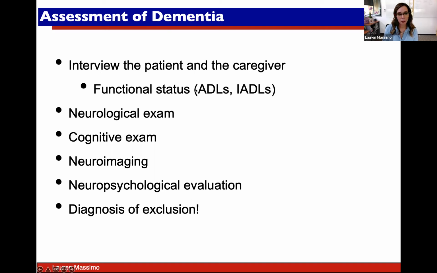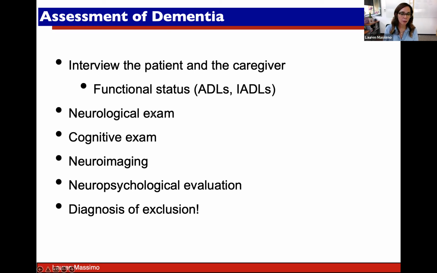Importantly, you want to ask about how things are going functionally. Remember, because that's how you discern someone between mild cognitive impairment whose functional status is relatively preserved compared to someone who has a true dementia where there is impairment in daily activities.